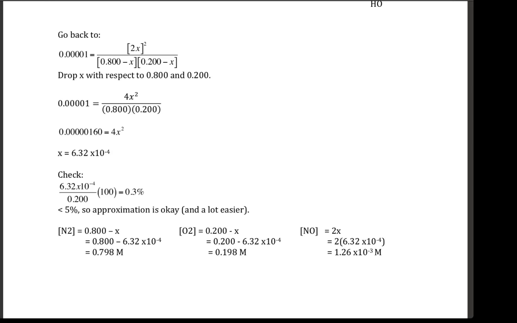Now, our check is we take x and we divide it by our concentration that we're dropping it with respect to. So we take 6.32 times 10 to the minus 4 and we divide by 0.200 times 100, and we get 0.3%, much less than 5%, so our approximation is deemed okay, and certainly the math is a whole lot easier.